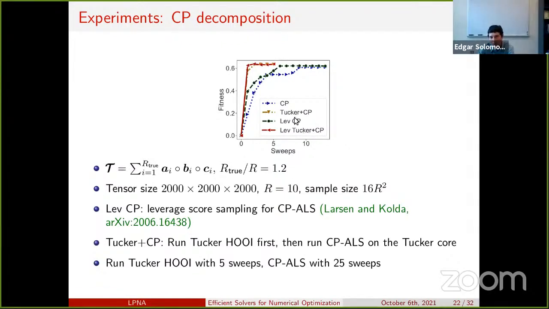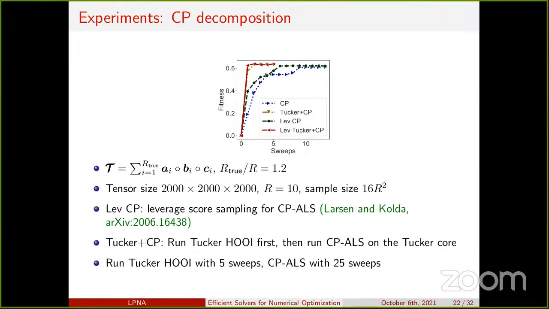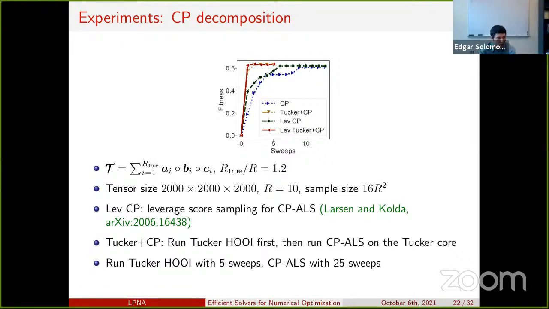In this case, we compared to, for example, leverage score samples for CP, since this was one of the most closely related works. We also have a recent paper that did an in-depth study comparing Gauss-Newton to ALS, and there we've been able to show that Gauss-Newton can outperform ALS, both in terms of accuracy and in terms of time to solution, but not uniformly.